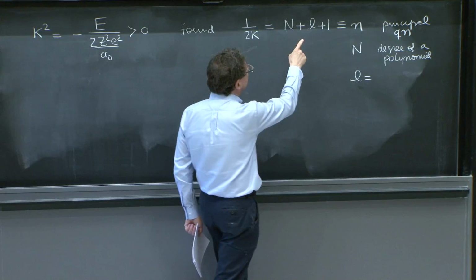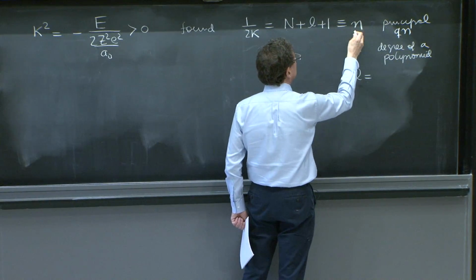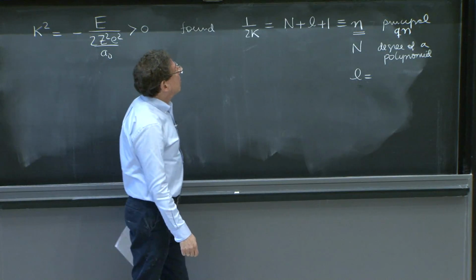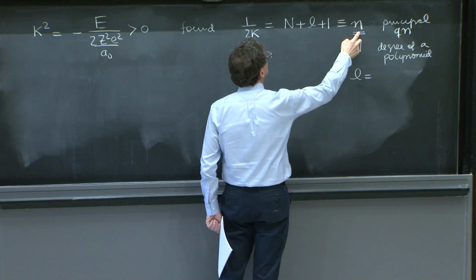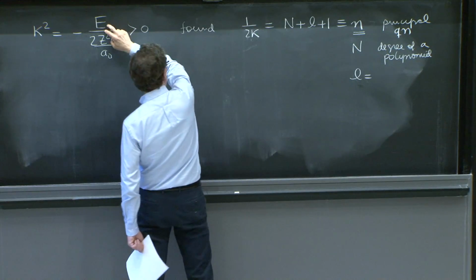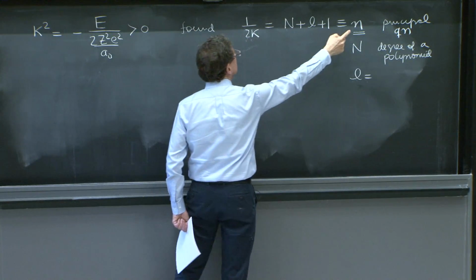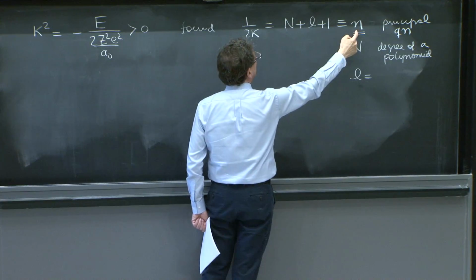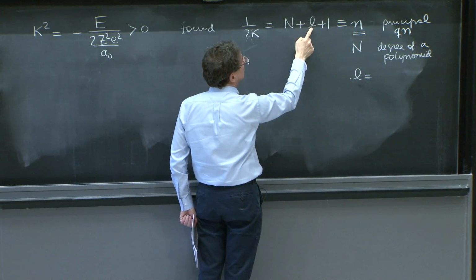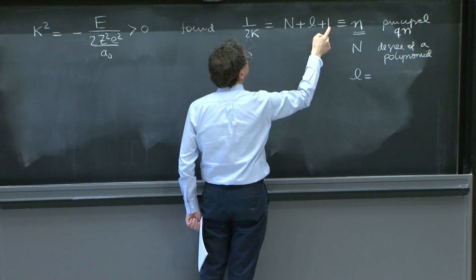Given that we think of the principal quantum number as coming first, once you have n, and you fix it because the energy just depends on n, then L can go from 0 up to n minus 1.